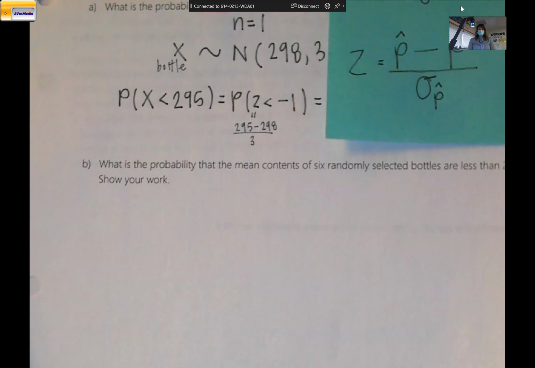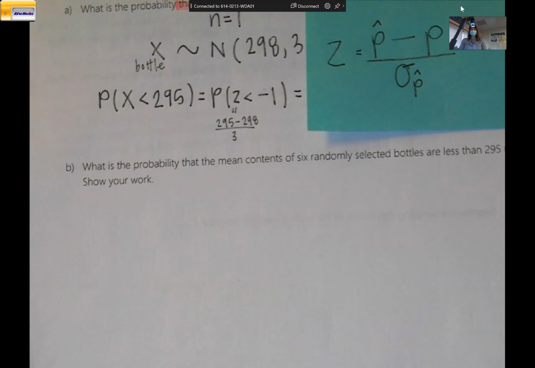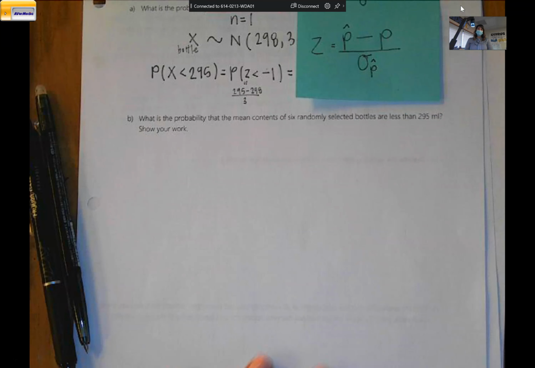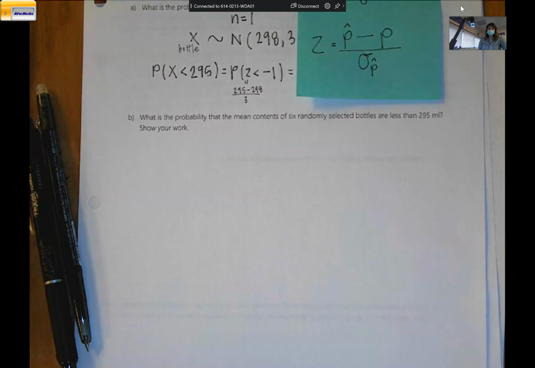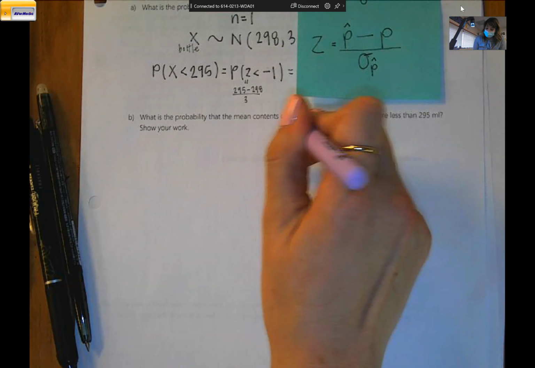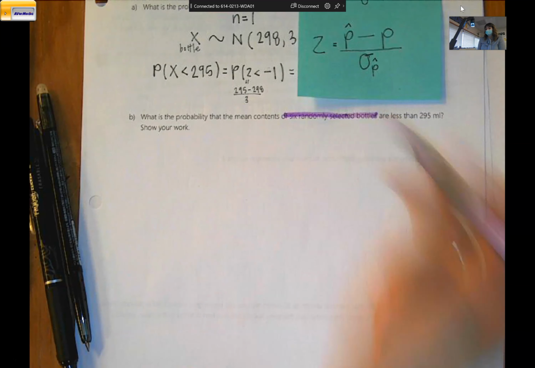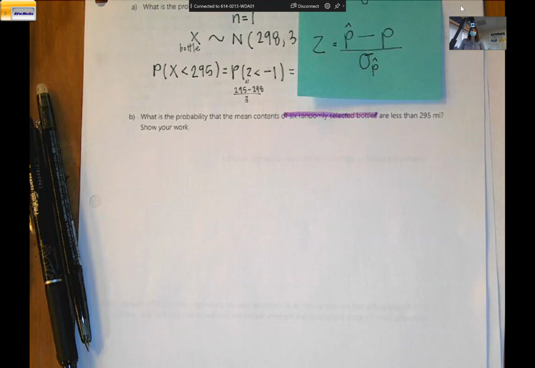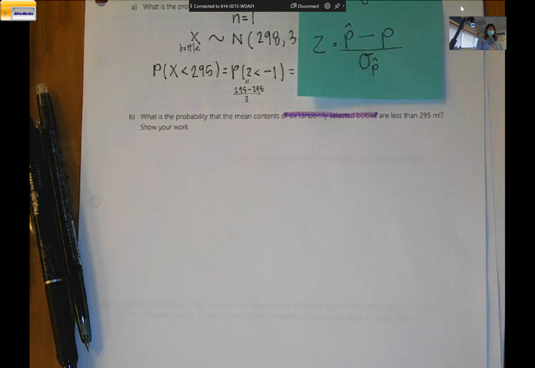B. What is the probability that the mean contents of 6 randomly selected bottles is less than 295? So the probability that we would take one bottle is about 16%. What's the probability that if we take 6 bottles, their average would be less than 295?